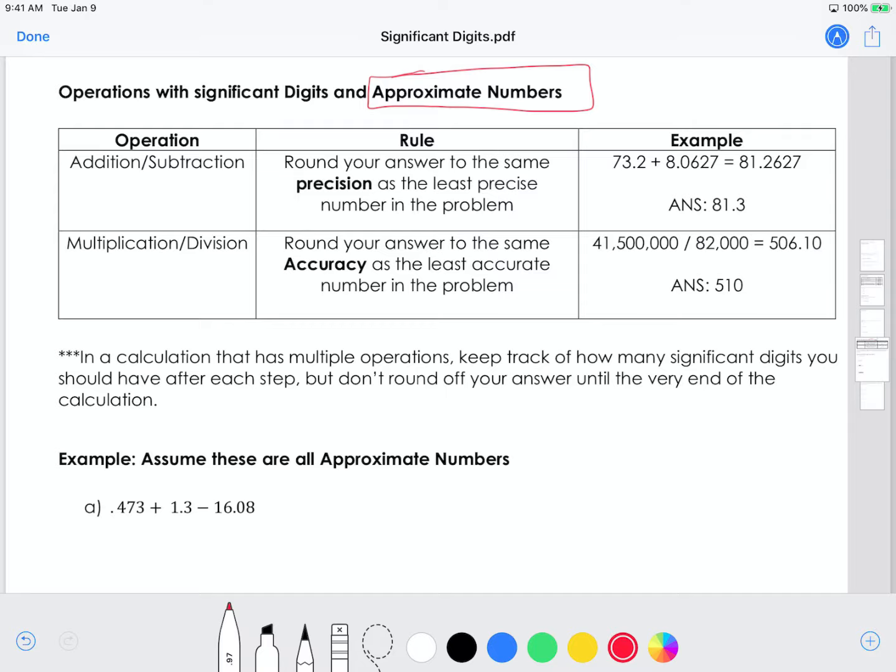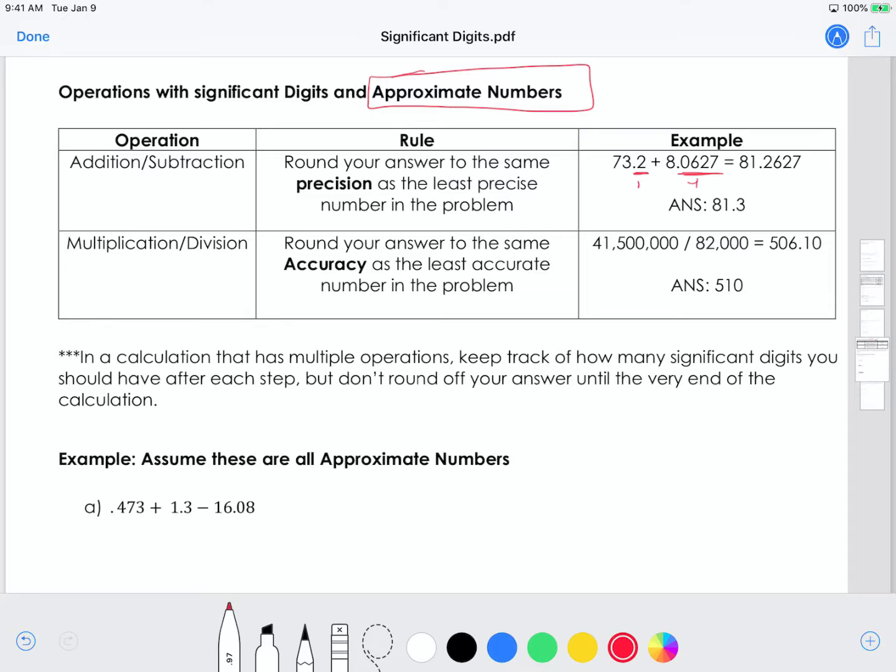And so remember, precision is focused on the number of decimal places. So if you look at the example we have here, I have 73.2 plus 8.0627, and when we add that up like we normally would on our calculator, we would get 81.2627. So if you look though, when we want to write our final answer, here we have 1 decimal place, and here we have 4 decimal places.